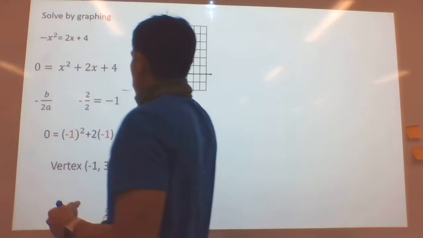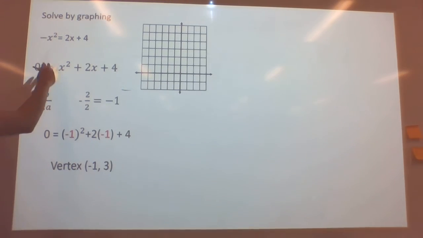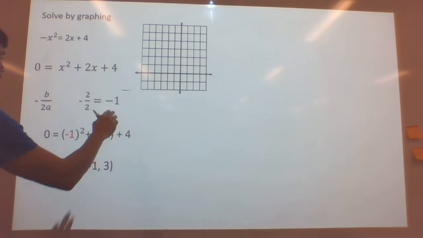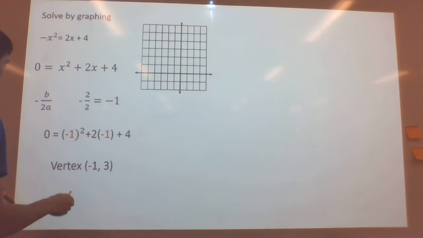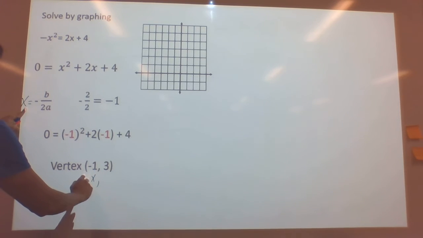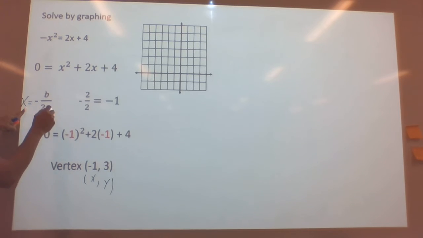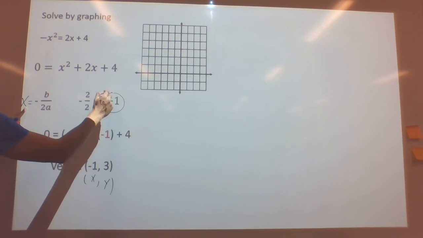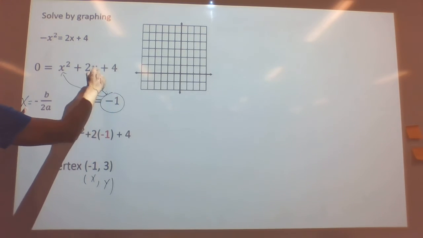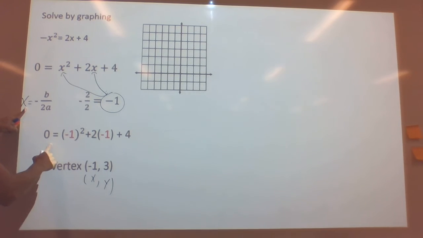Okay, we're going to use method 1 here. Put it in standard form, right? We're going to graph. In order to graph, we've got to find our vertex. To find the x value of your vertex, you need to find negative b over 2a. Again, we find our x value, we plug it in, and we solve for y.